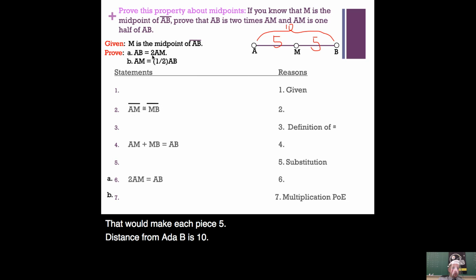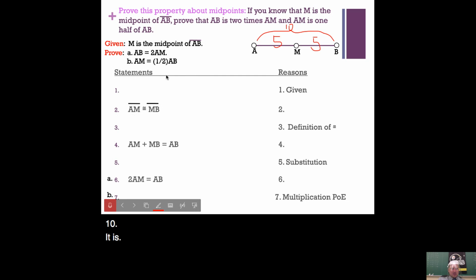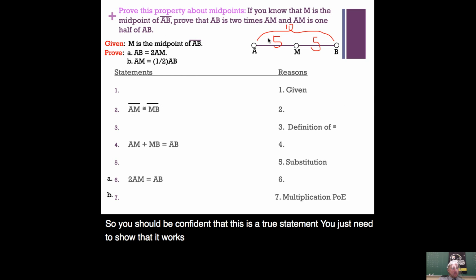Is that equal to 2 times this distance, 2 times 5? Yeah, they're equal. How about A to M? That's 5. Is that equal to 1/2 of the distance from A to B, 10? It is. So you should be confident that this is a true statement. You just need to show that it works for all cases, not just this case.